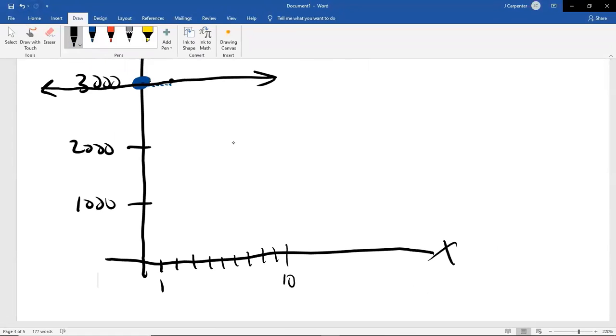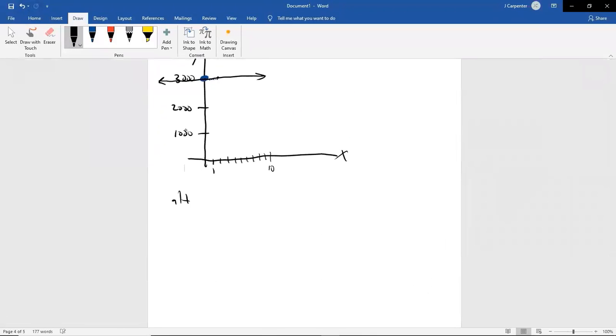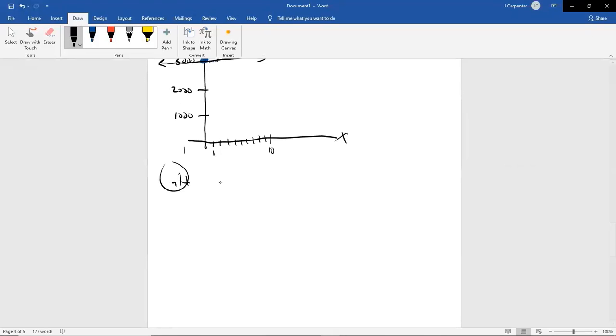So what someone might say is, well, I don't want to scale this based on 1 versus 10. Let me scale this in hundreds or thousands like the other side is. So an alternative graph might look like this. I'll still go in thousands on the y-axis: 1,000, 2,000, 3,000.